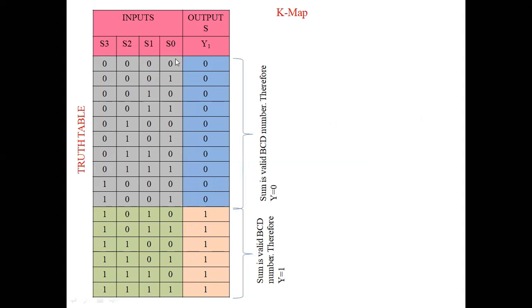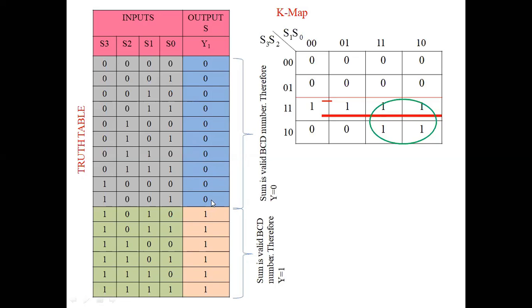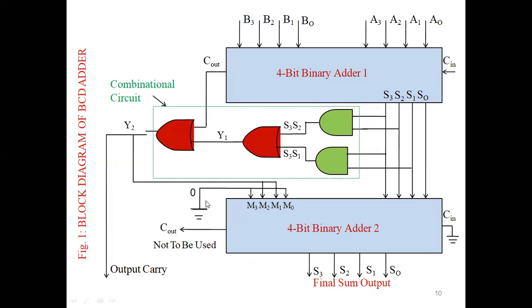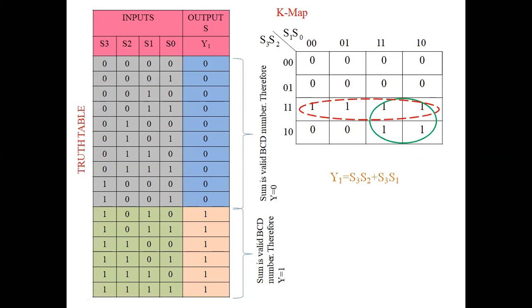How many combinations? 4 inputs unte there are 16 combinations, right? That is 0 to 15.